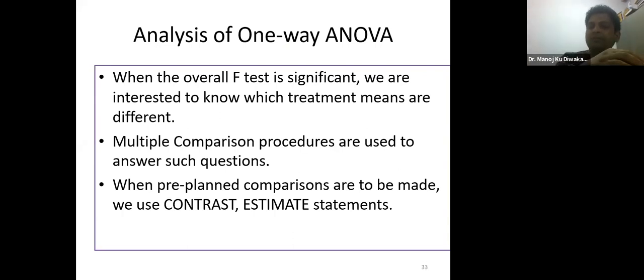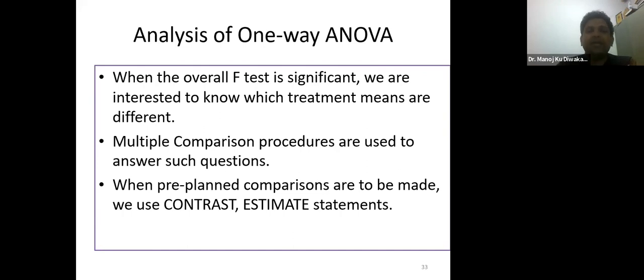Does the JMI mean value differ from JNU, or does the JNU mean value differ from DU? So which one differs? That is what you are interested in once you get a significant p-value.